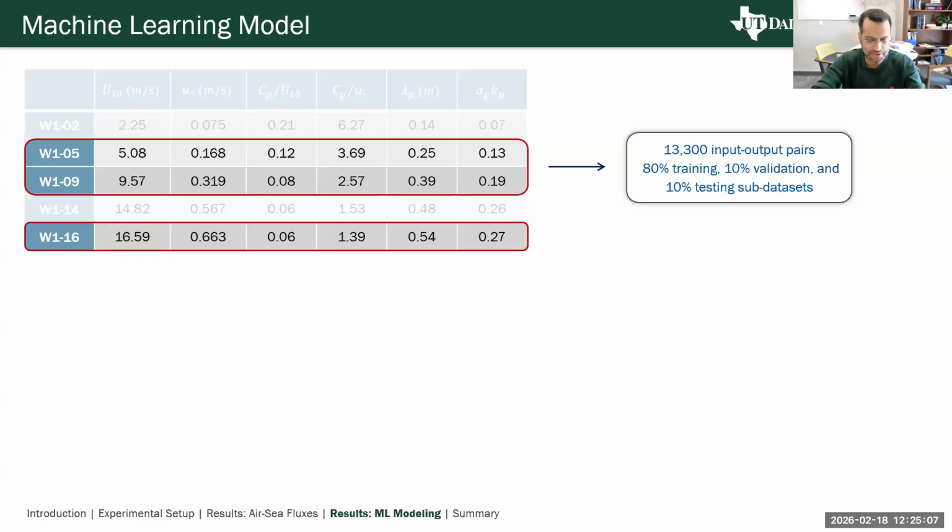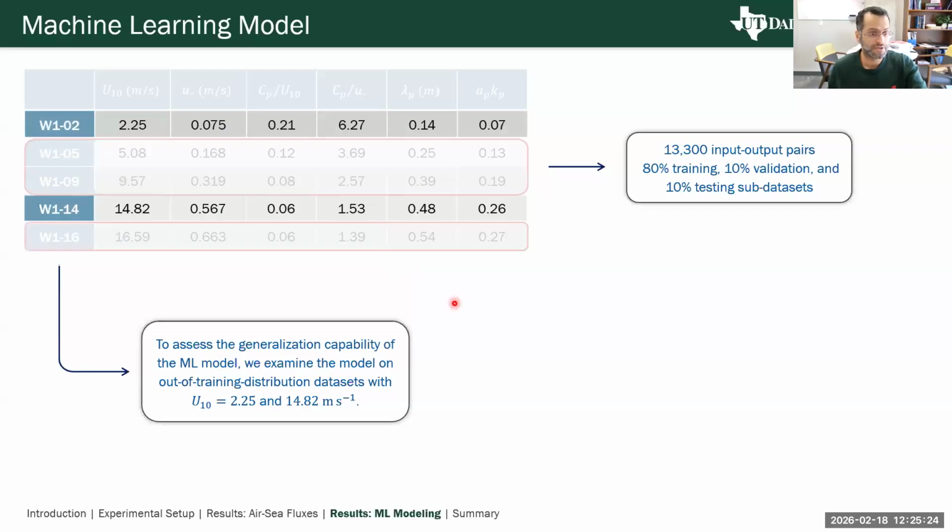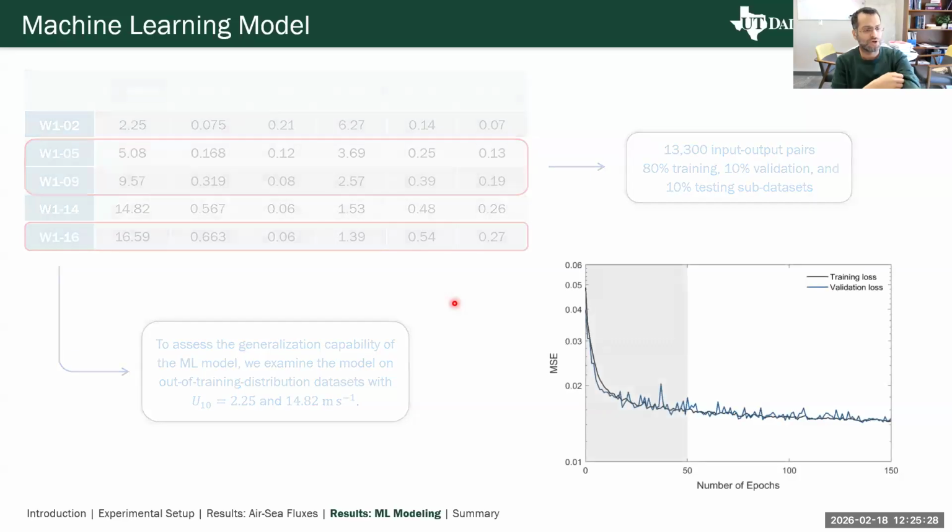We can make sure that the model learns the physics, but does not memorize the data basically. So we use the other two experimental data here for checking how the model can generalize over unseen data sets, because that's very important when we have to make sure that the model that we develop through machine learning can also generalize to the data that it hasn't seen ever.